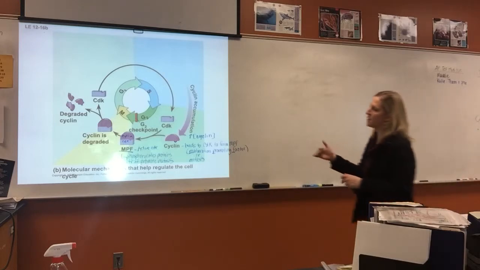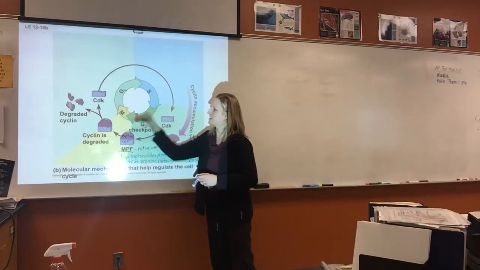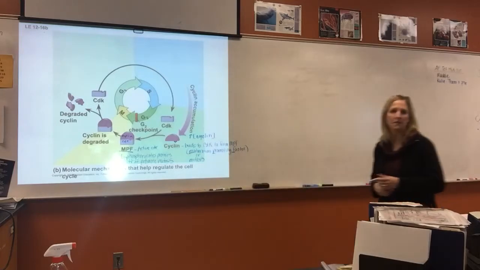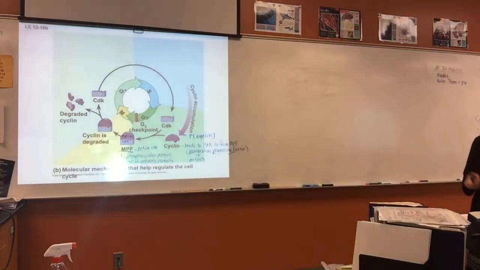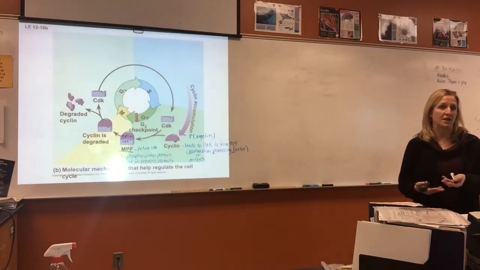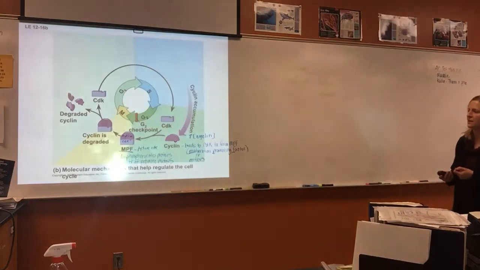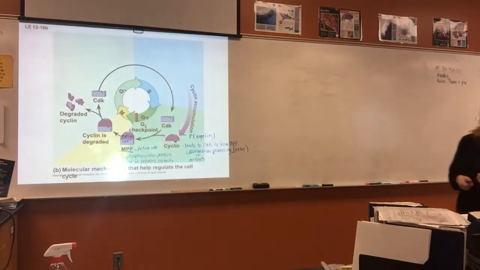No, it would just stay. It would never get past here, so it would stay here. So I mean, if that happened like in the very early stages of development, there would be no organism that's made, so you wouldn't be able to divide the cells. Absolutely.